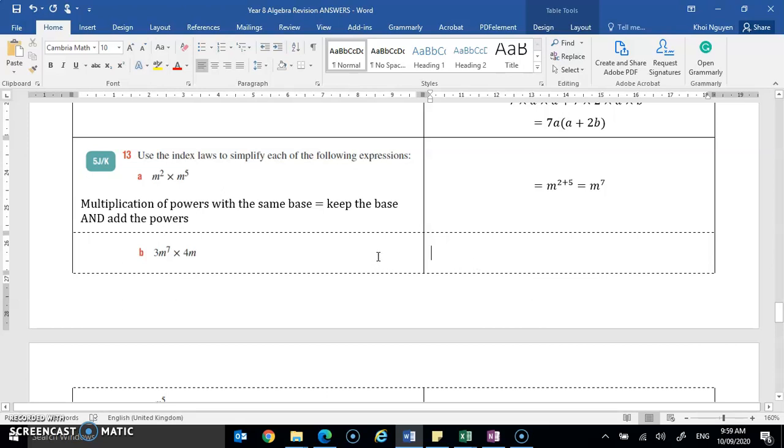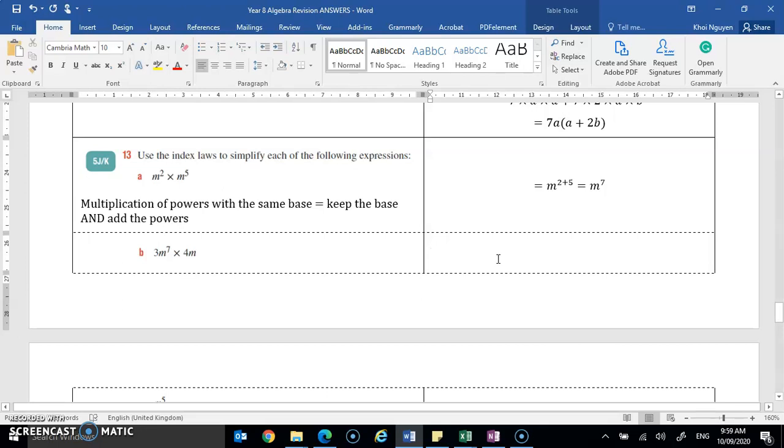Now next one, similar thing, but this time we have the coefficients there as well. So remember what we did before when we multiply algebraic terms.